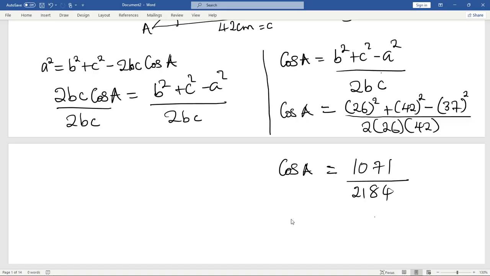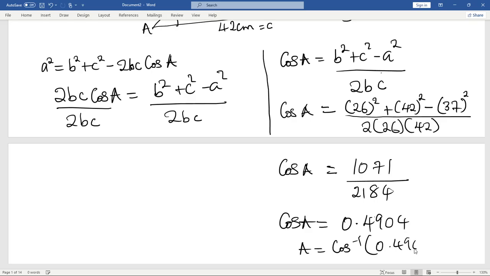So we're getting cos A is equal to 0.4904, like this here. So then the value of A here is simply equal to cos inverse of the answer that we have here, which is 0.4904.